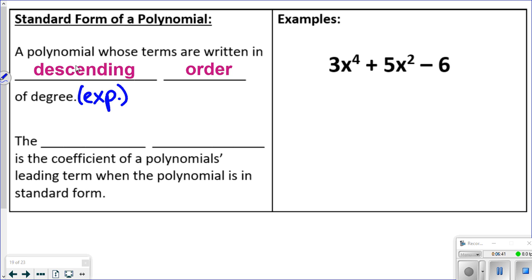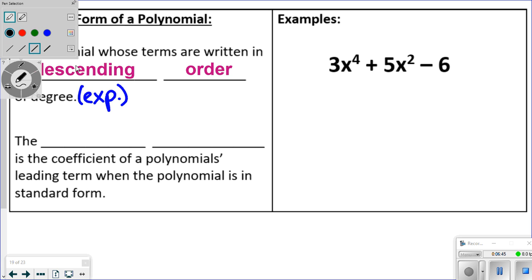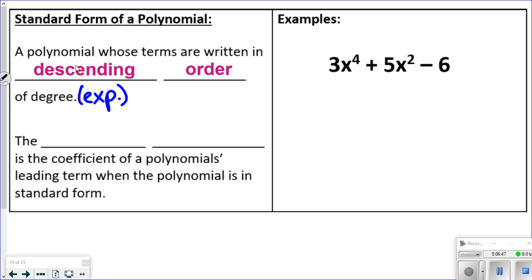So let's label here what our constant term is. So negative 6 is called my constant term. What is the degree of our polynomial here? What's the largest exponent?